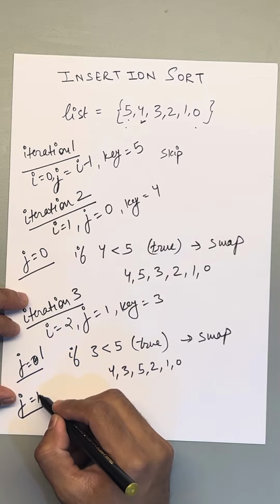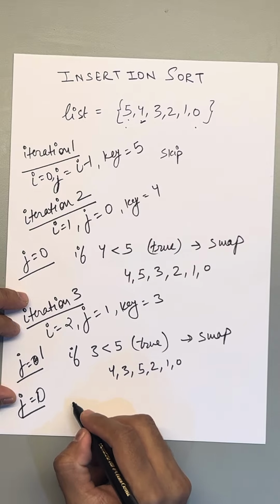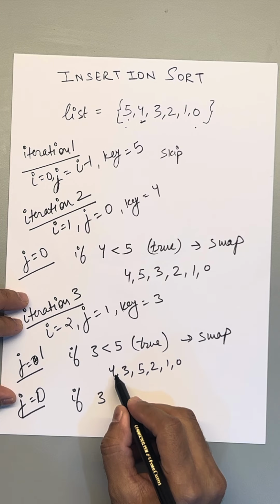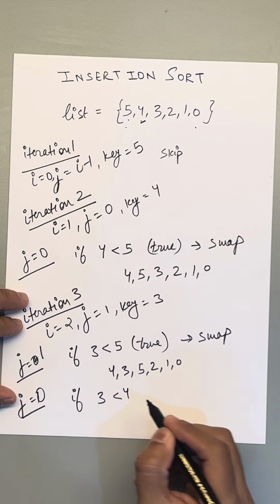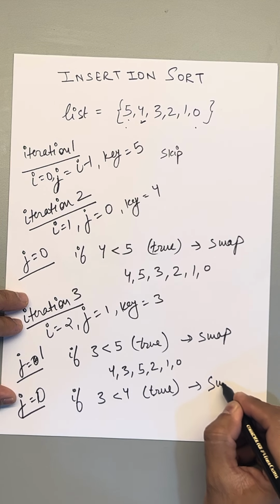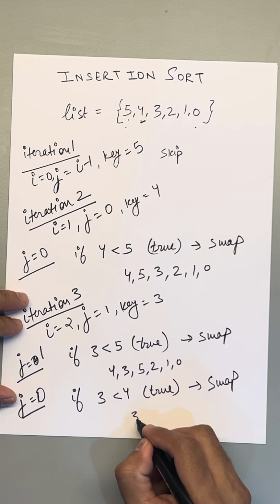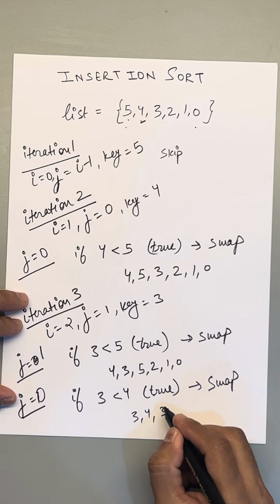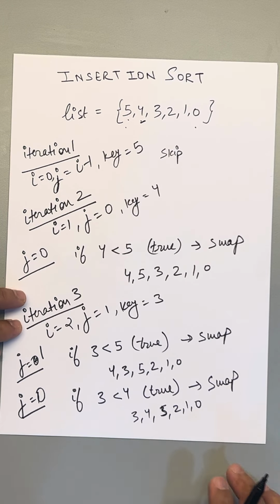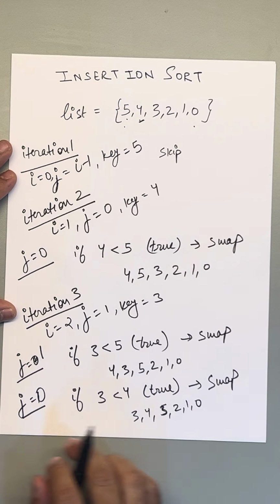We'll see whether the value 3 is smaller than 4, which is true. We'll swap. Here we have sorted till iteration 3.